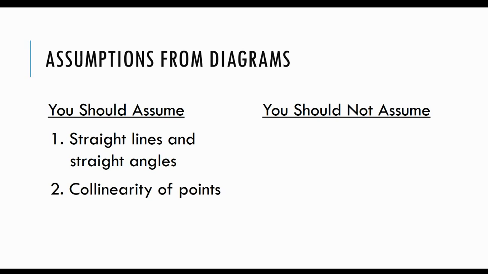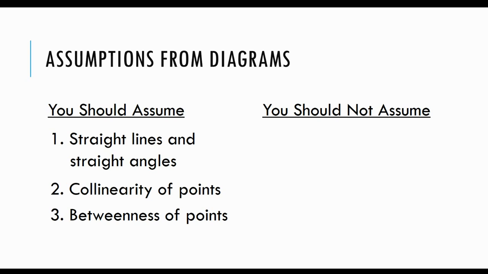We can assume collinearity of points. Once again, as long as you have 3 points that fall within that same line, we know that we have collinear. It's the same aspect that we can also assume that points are not collinear. If I look at a diagram, I can say, okay, I'm not going to be able to draw one line through all 3 of those points. Those points are non-collinear. Betweenness of points, because remember, betweenness of points connects to that concept of collinearity.